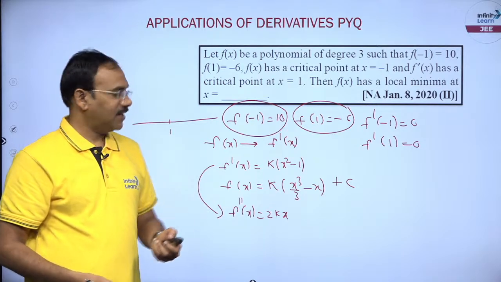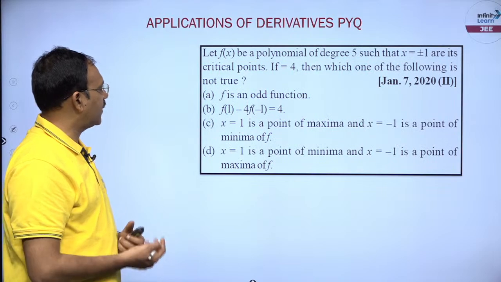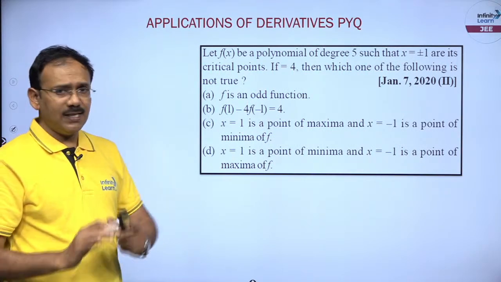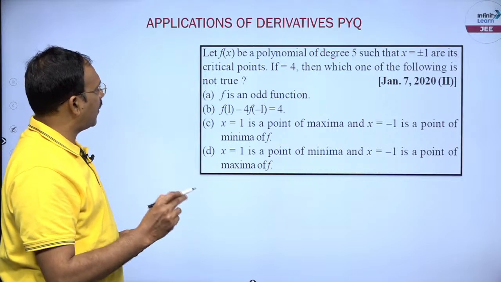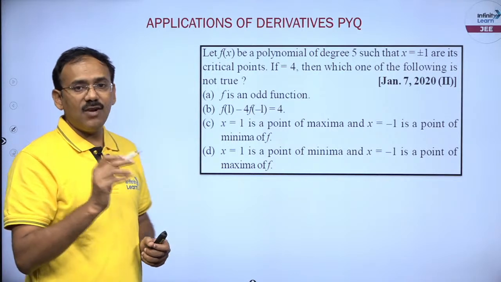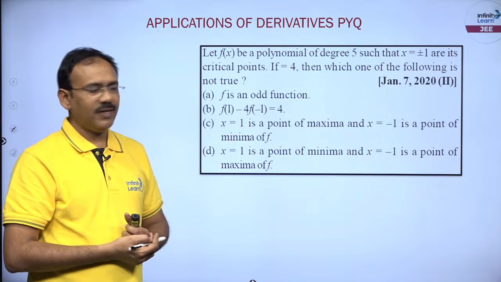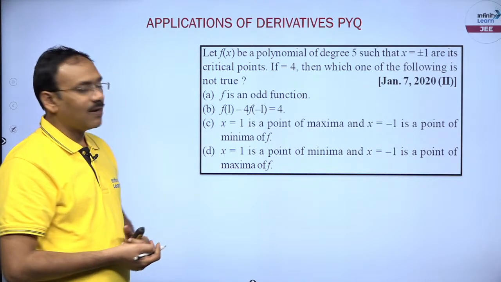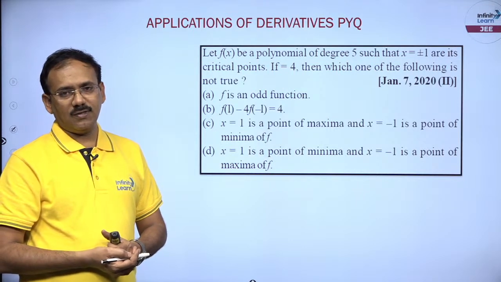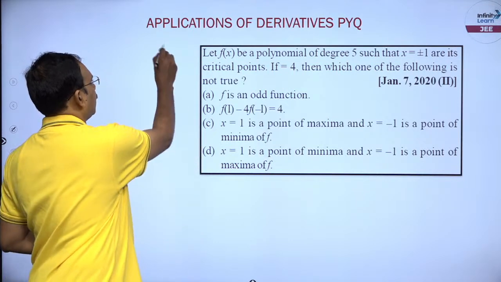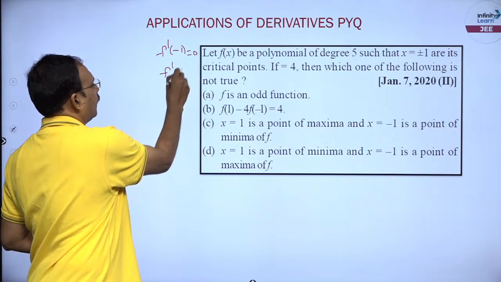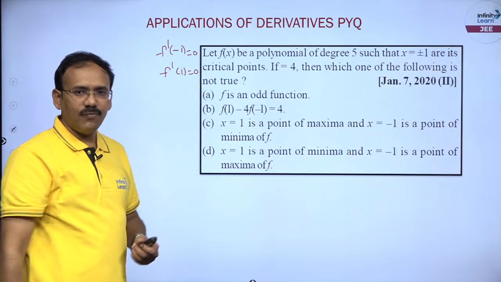Okay, fine. Next friends, you see this question, I will give the brief idea of this. f of x is a polynomial of degree 5, fine, such that x is plus or minus 1 are its critical points, means f dash of minus 1 is 0, f dash of 1 is also 0, fine.